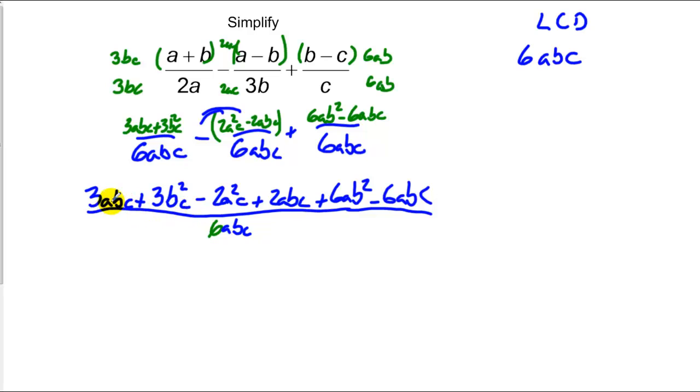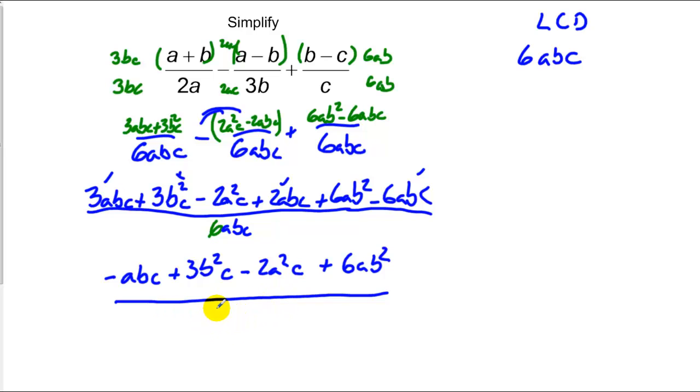Add your like terms. Let's find all of our ABC terms. Here's 1, 2, and 3, which gives me a negative ABC. See if I have any B squared C terms. None. So that's plus 3B squared C. That's done. A squared C, no like terms with that. And AB squared.